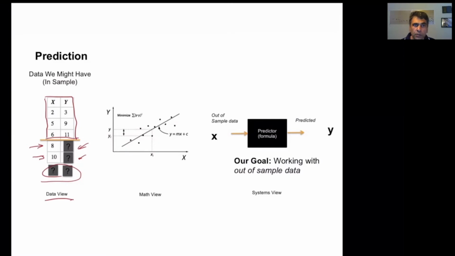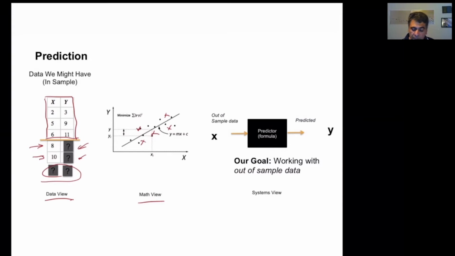A second view of data science would be what I would call the math view, or in some ways a graphical or model view of data. In this case, all those values that were in the X and Y table are now points. They're somewhere on a graph or in a space.